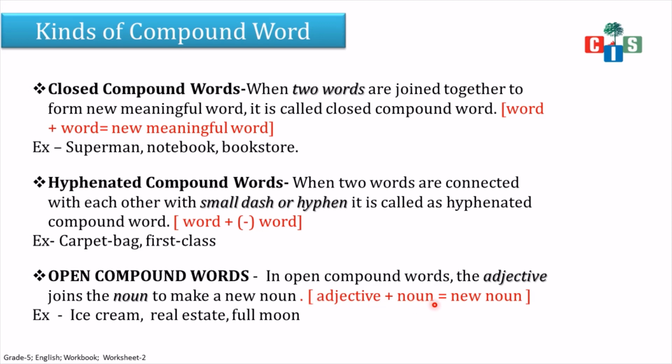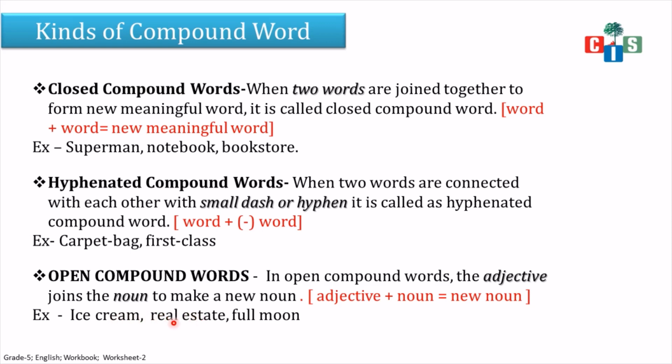When we join an adjective plus a noun to make a new noun, then it is called an open compound word. Between these two words we have to leave one space. For example, ice. Ice is an adjective and cream is a noun. So when these two words are joined together with one space, then it is called an open compound word.